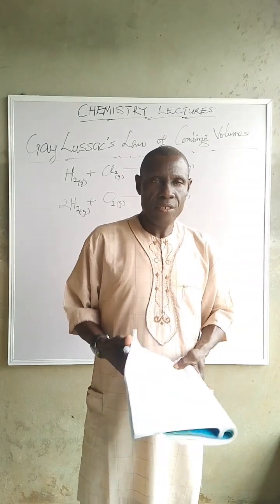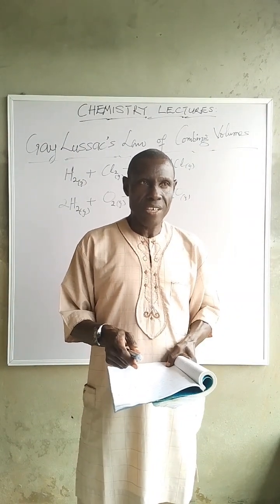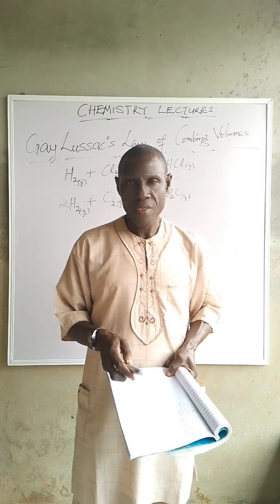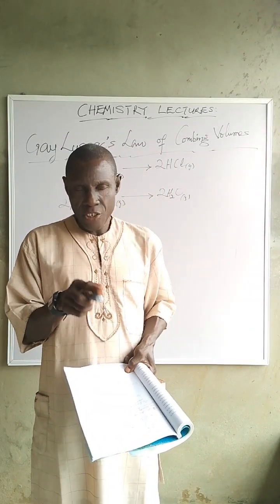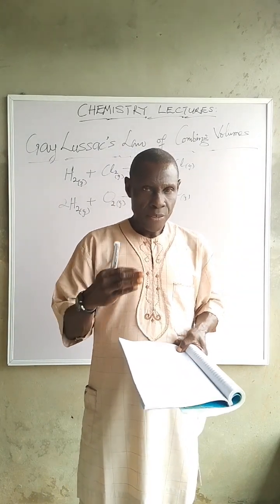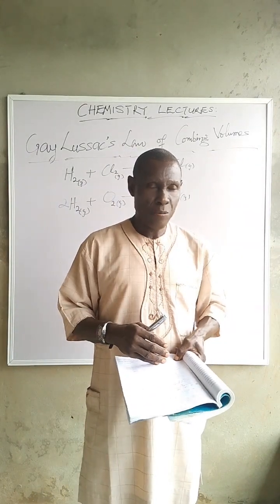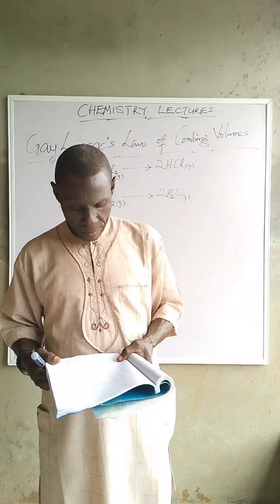Let me read to you the prevailing definition of this law in some textbooks. Thereafter, I will also define this law as I learned it when I was in secondary school in the 70s. We compare the two, and you take whichever is preferable. Now listen carefully.